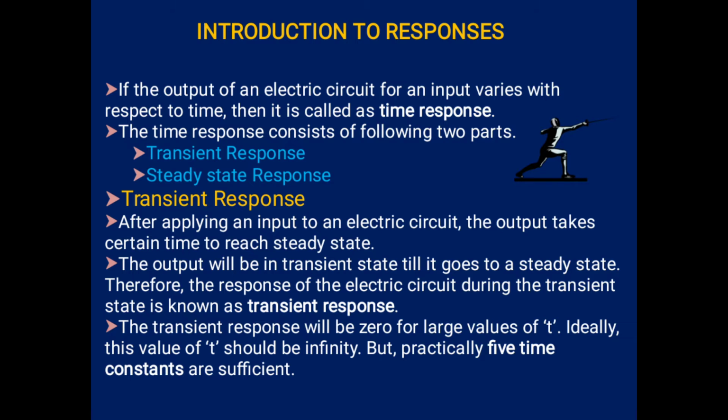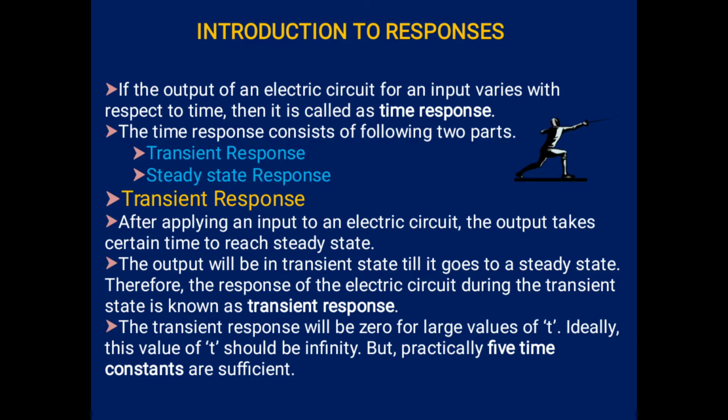Similarly, your circuits also take some time to reach their final position. The time taken during which it gives some response until it reaches the steady value is called transient time. The response of the circuit during that time is called transient response.